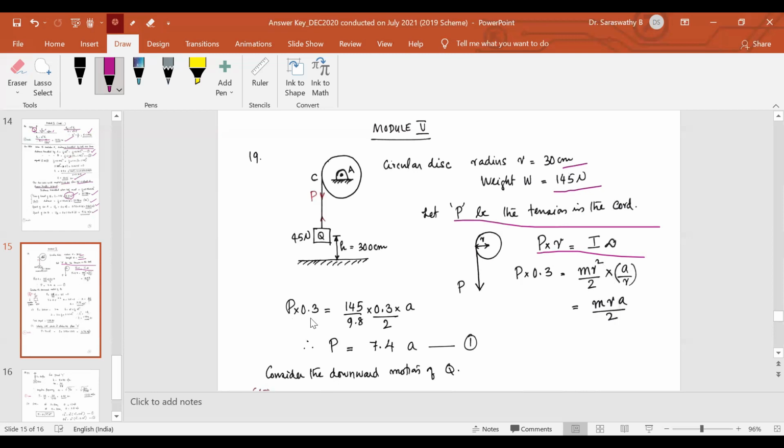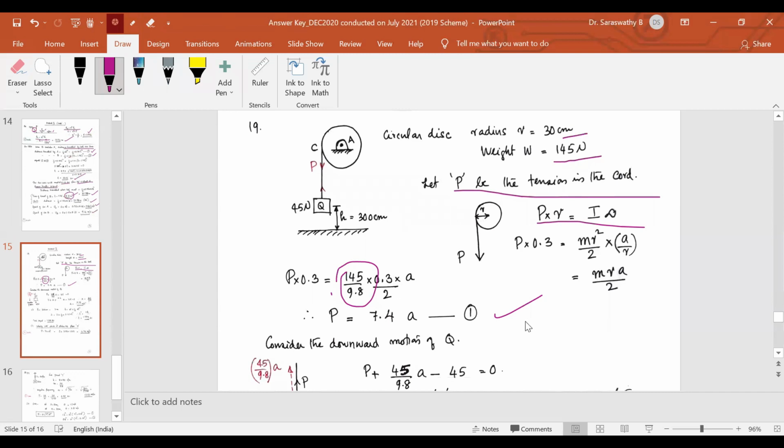So I have written here P into 0.3 is equal to mass, 145 Newton weight, so 145 by 9.8 is the mass, into radius 0.3, into a by 2. So I got P is equal to 7.4a, one expression. That is considering the rotary motion of the disc, torque is equal to I alpha. And from the linear motion of the string, the torque is equal to tension in the string into radius. Equating the two, we get an expression like this.